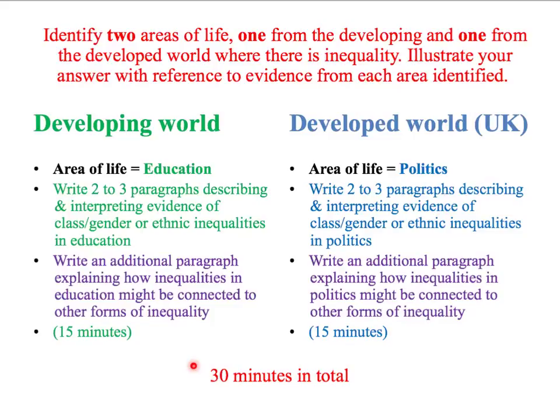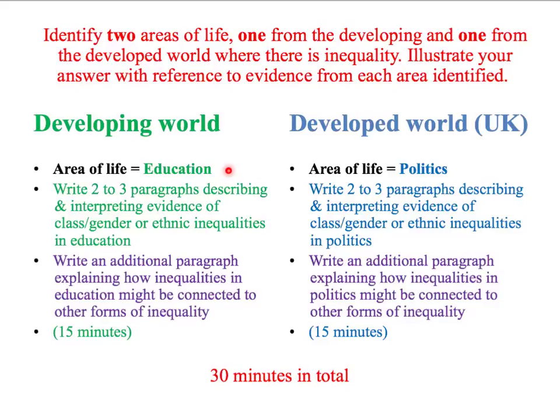And you need to begin by looking at the developing world, so poorer countries, and the area of life that I've given you notes on to help you write this question is on education. And if you've lost those notes, you can find them on iLearn in a document called How to Answer the 20-mark question.